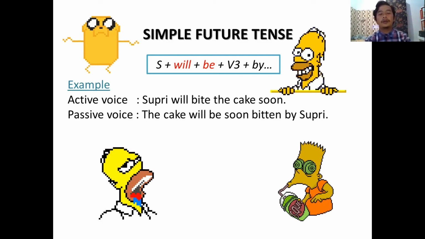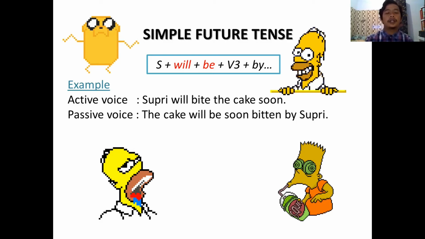Okay, we know the characteristic, and we must be careful if you know the sentence is from a story, I think, or anything you read. Okay, will be is simple future tense.